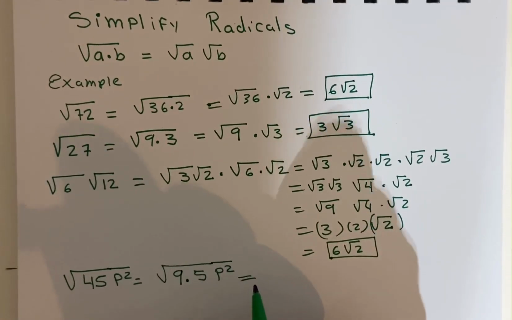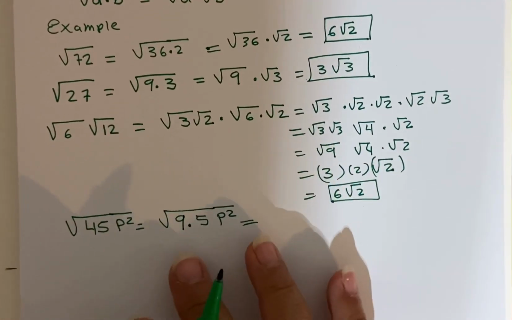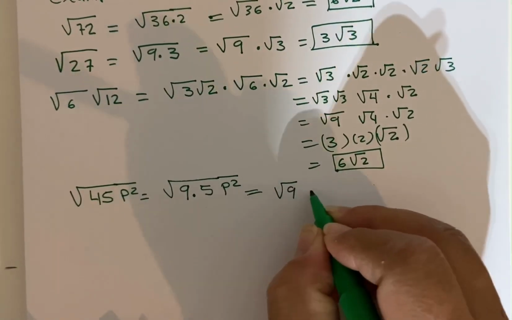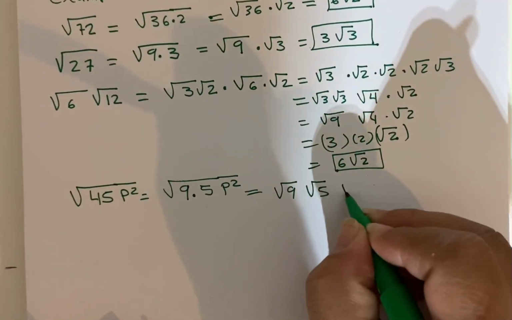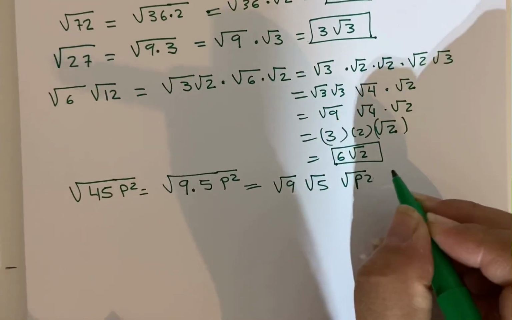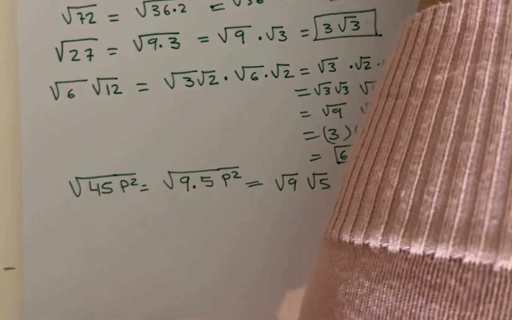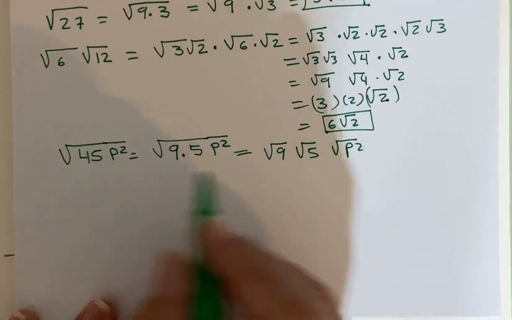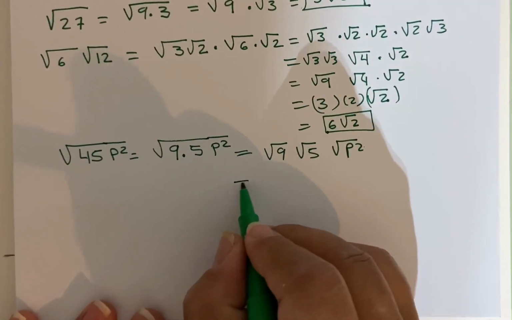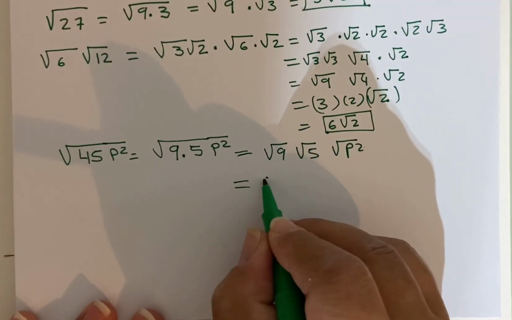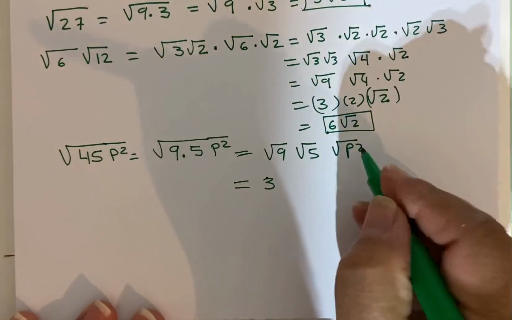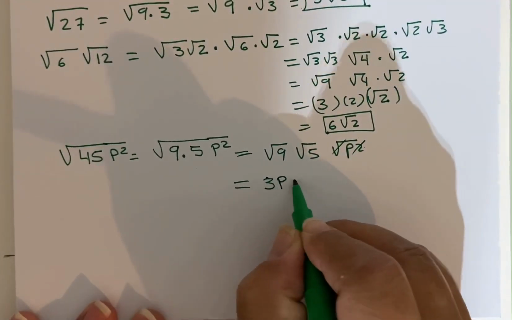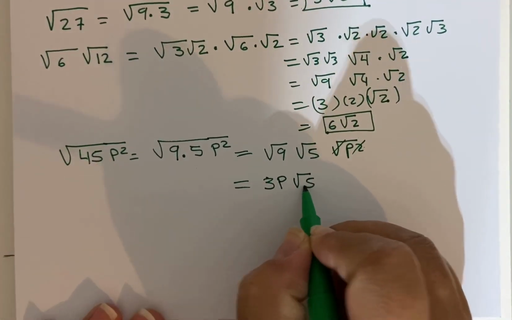I can rewrite this as the square root of 9 times the square root of 5 times the square root of p squared. Now from here, we can simplify this. The square root of 9 is 3. The square with the square root will be gone, and it's just going to be 3p square root of 5.